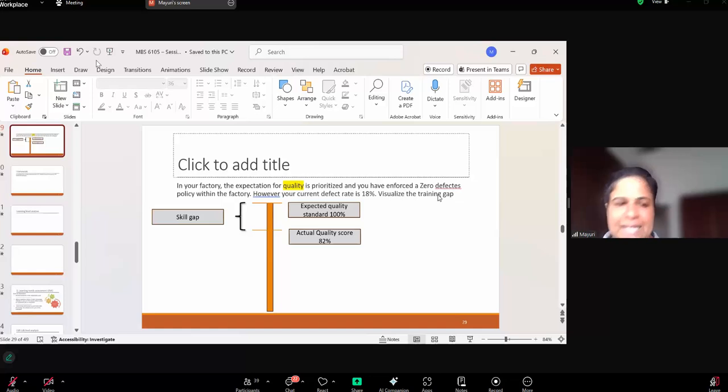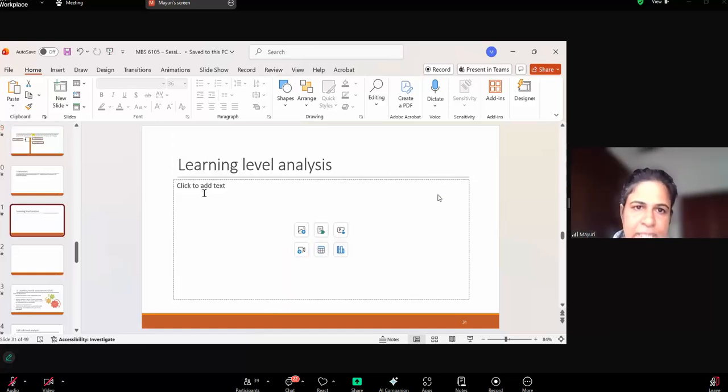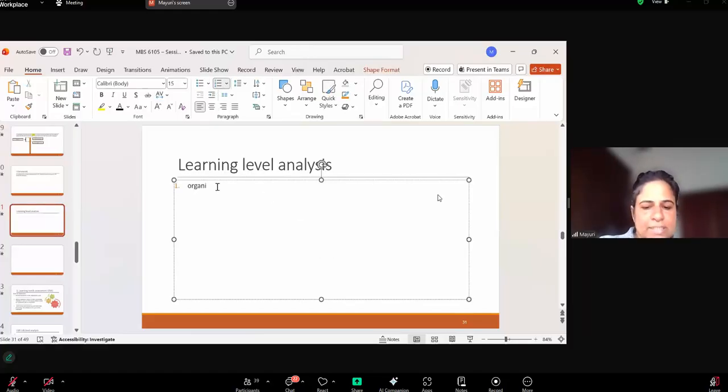In the learning level analysis, there are 3 levels that we consider. One is the organizational level. For example, some learning needs or skill gaps are organizational level, like customer complaints.